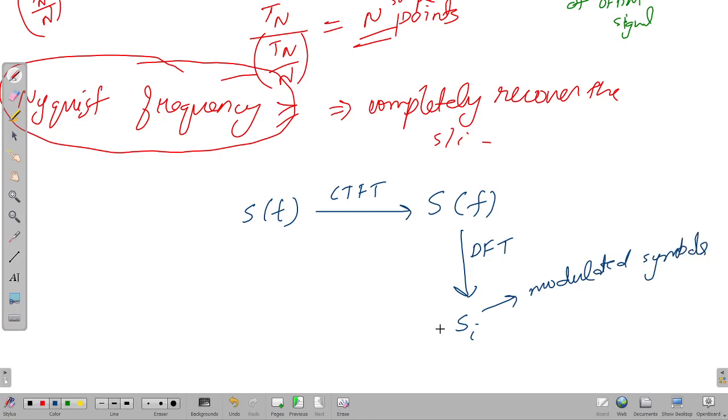Taking an IDFT, I get the time domain equivalent points, small si, and from here I can get back S of t. According to the Nyquist criterion, I can completely recover these symbols.